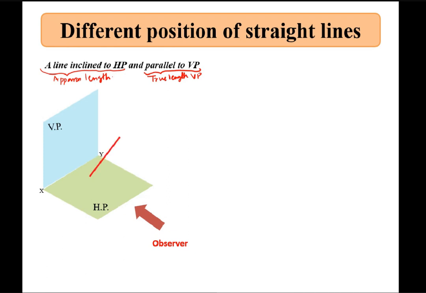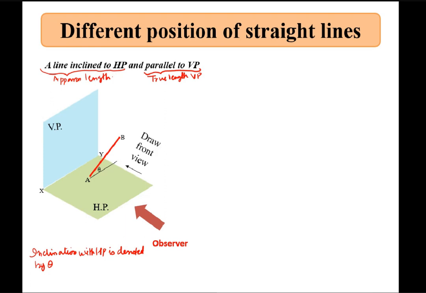So this is the case where you have a straight line which is parallel to VP and inclined to HP. This is a straight line AB. Inclination with HP is denoted by theta. So this straight line is inclined at an angle theta with HP.